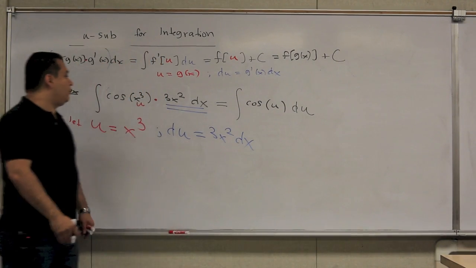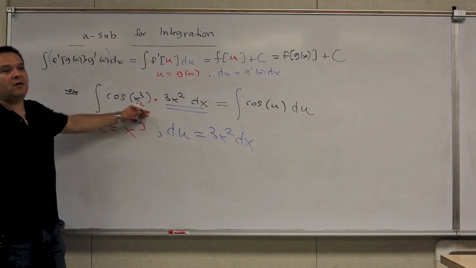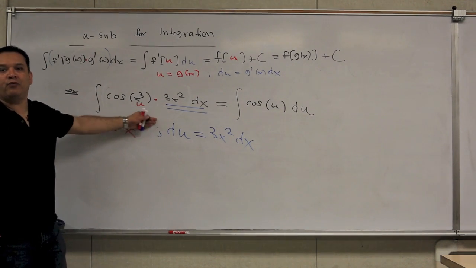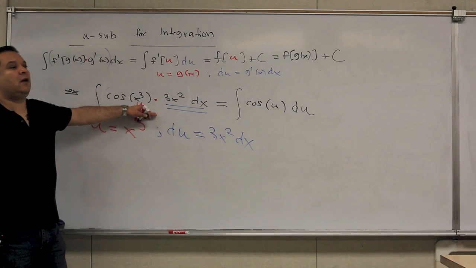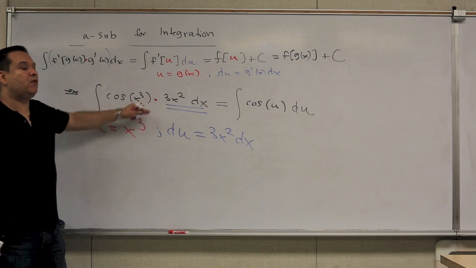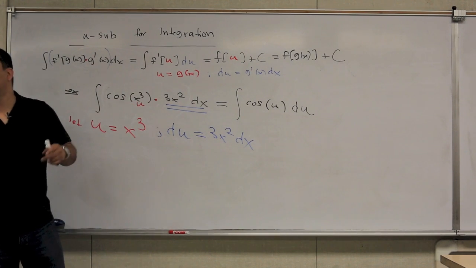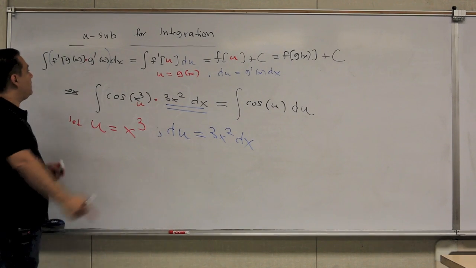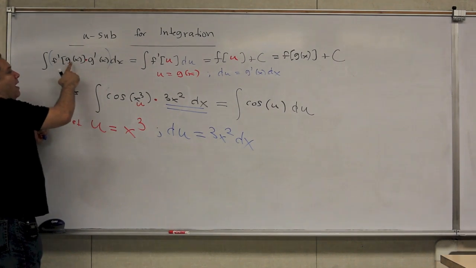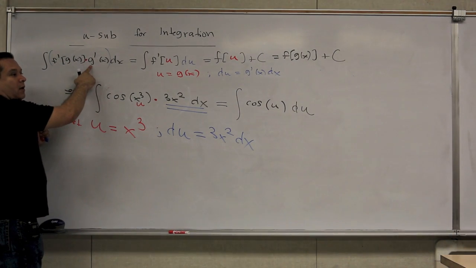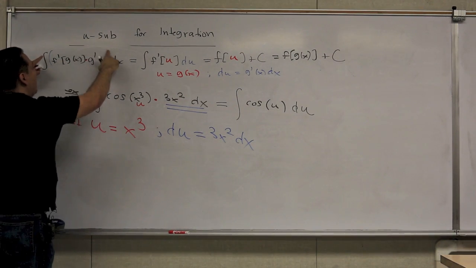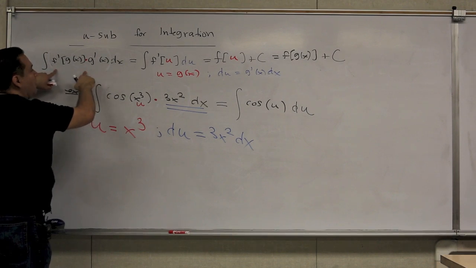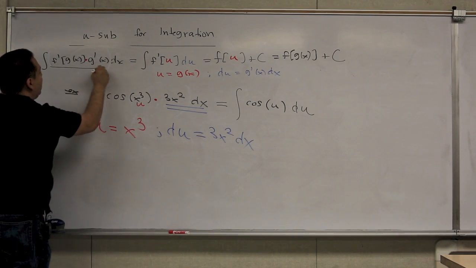In other words, you took this problem that looked like a product, and it is a product, but you took this function, which is a product of two other functions. It was really disguised as f prime of u times g prime. It was really this.